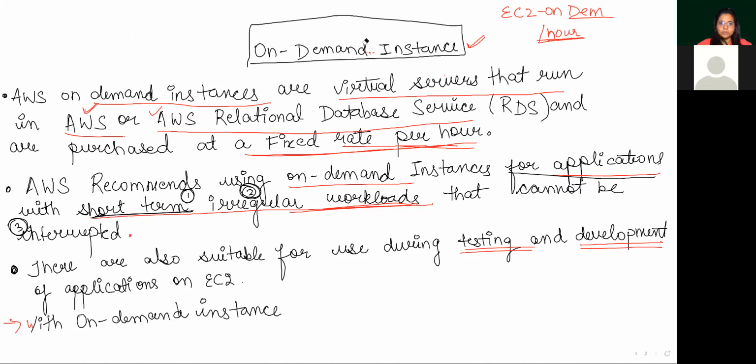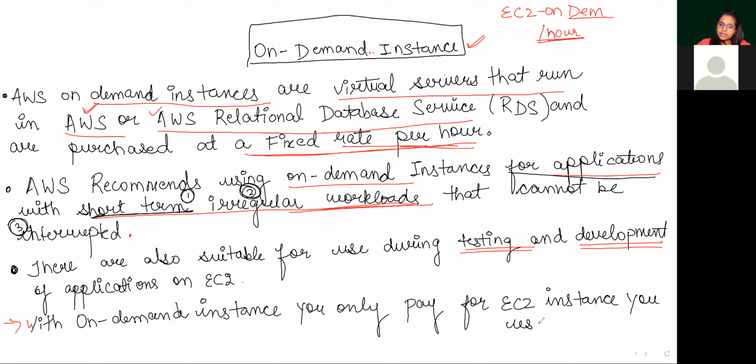So we were talking about on-demand instances. With on-demand instances, you only pay for the EC2 instance you use.